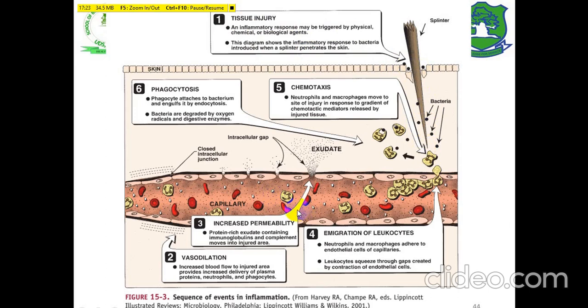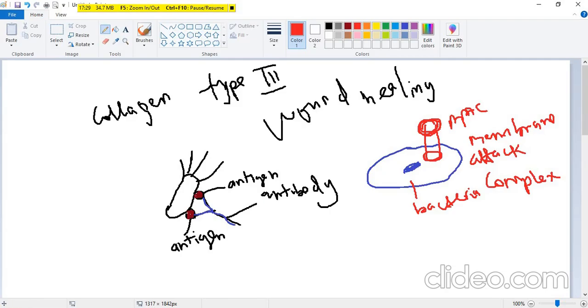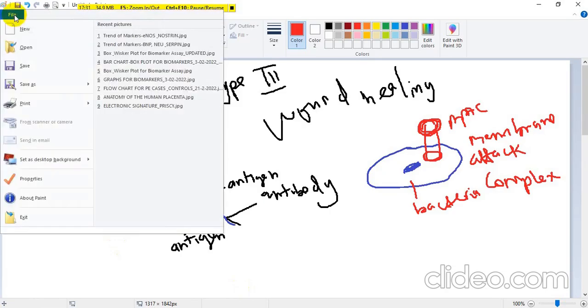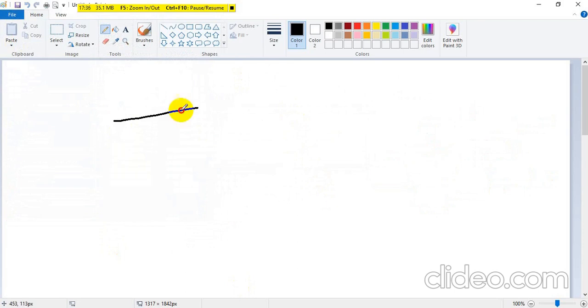Step 2, there will be vasodilation. We have vasoconstriction and vasodilation. Vasodilation means that the blood vessels will dilate, will increase in diameter.